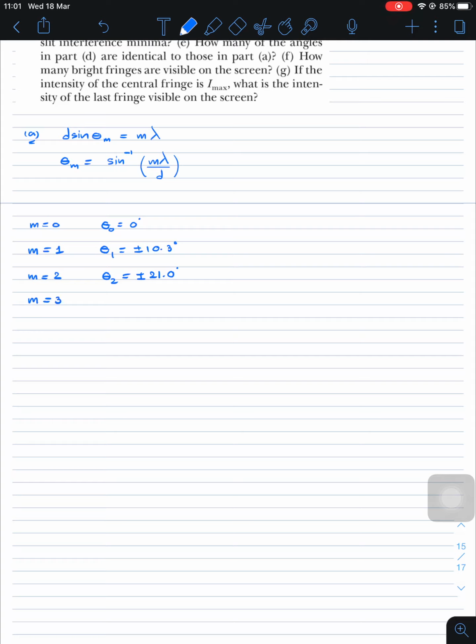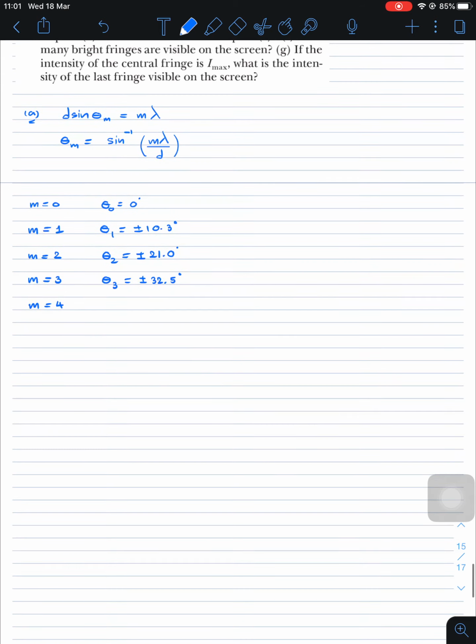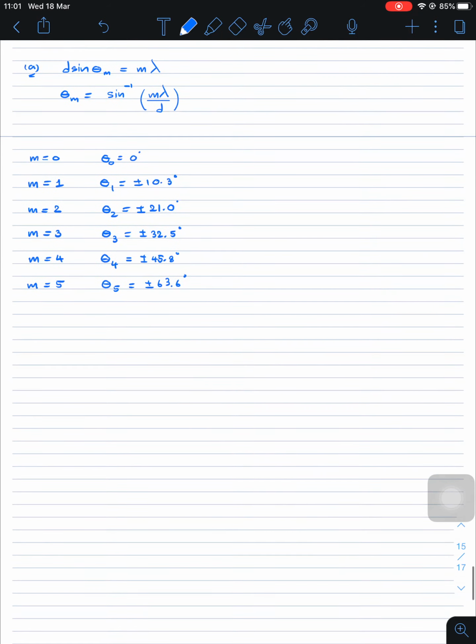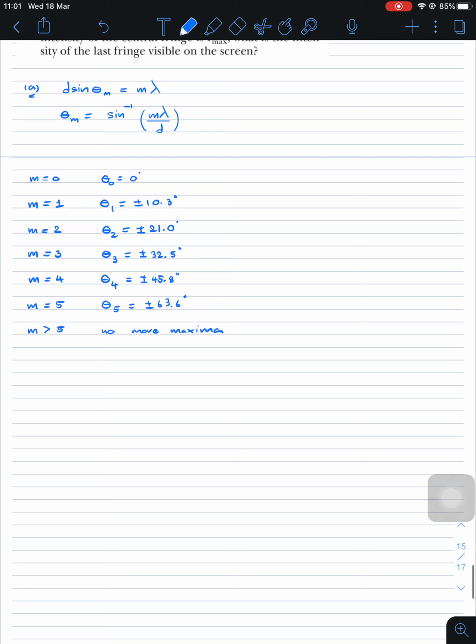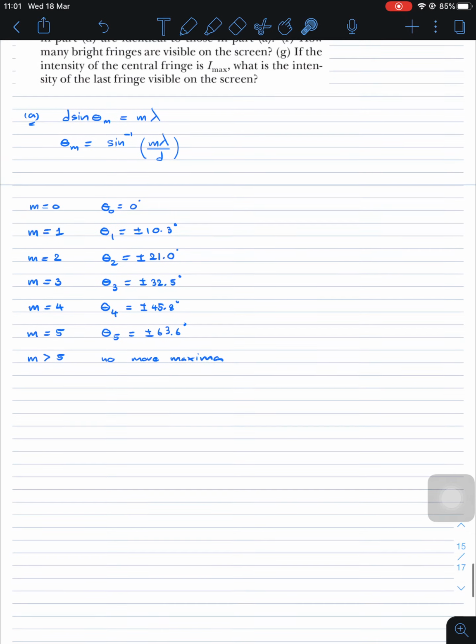For m equal to 3, theta 3 equals plus or minus 32.5 degrees. For m equal to 4, theta 4 equals plus or minus 45.8 degrees. For m equal to 5, theta 5 equals plus or minus 63.6 degrees. If m is larger than 5, there are no more maxima.